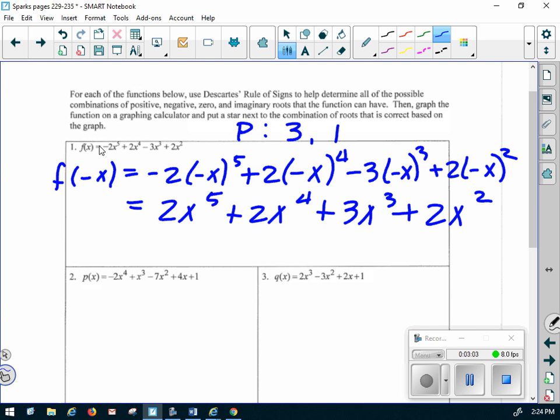So this will stay positive. And for the same reason, this will stay positive. Negative x times negative x is positive x squared. How many sign changes do you see here? None. Goose egg. What's the maximum number of negative real roots this polynomial will have? None.